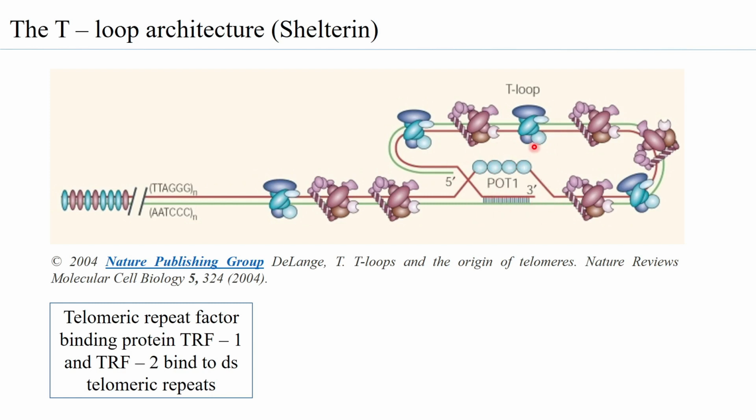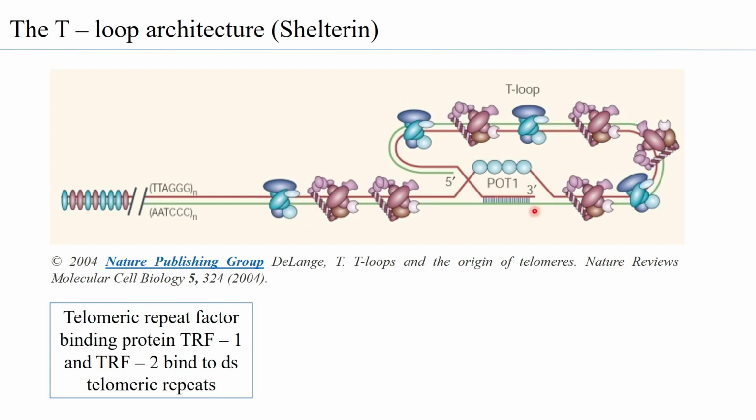So temporarily here you will find that there are three DNA strands present in a complex. This being a single strand, because this 3' overhang has displaced the existing strand, this becomes single strand, and therefore this single strand is protected by what is called a protective protein. This is the protective telomere binding protein 1.